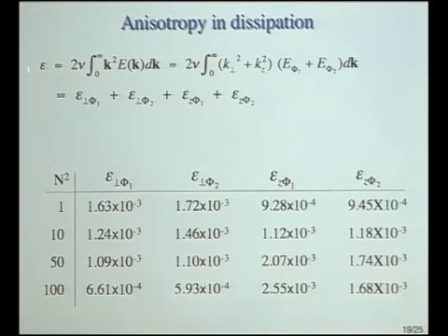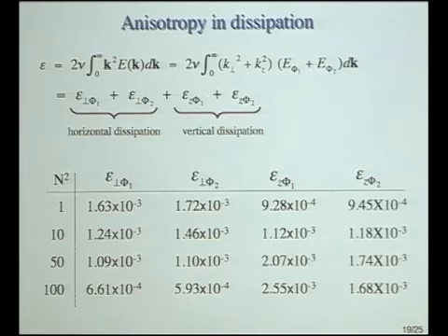Okay. So, well, we have presented some idea of anisotropy in dissipation. And the 3D total dissipation can be decomposed into horizontal and vertical using wave and vortex and waves into this. And we have 4 different energy dissipations.